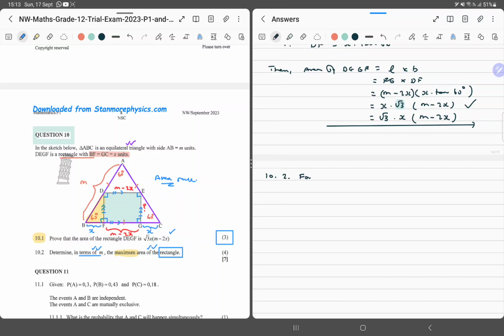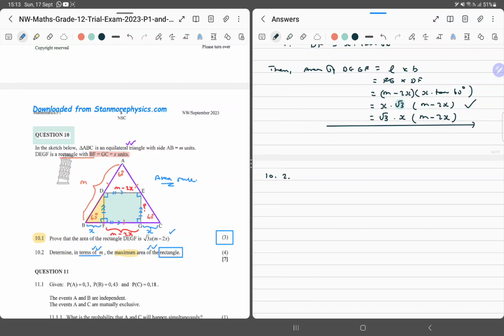So you can say for area max, it is such that the area prime is equal to 0. So what is that area? It's root 3 times x into m minus 2x. Okay, what am I doing here? I'm causing trouble, am I not? Yes. Let's first simplify the area.